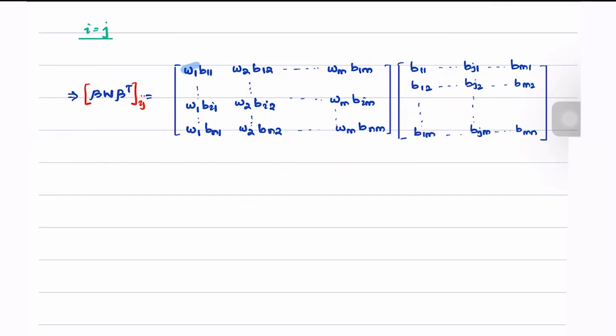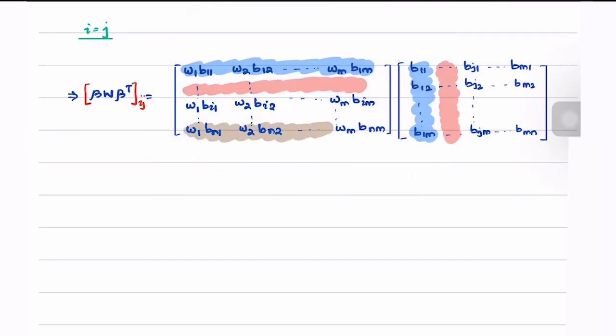The first row getting multiplied with the first column will give us the first diagonal entry. Similarly, the second row of B getting multiplied by the second column of B transpose will give us the second diagonal entry, and so forth. And the last diagonal entry will simply be the product of the last row of B times the last column of B transpose.